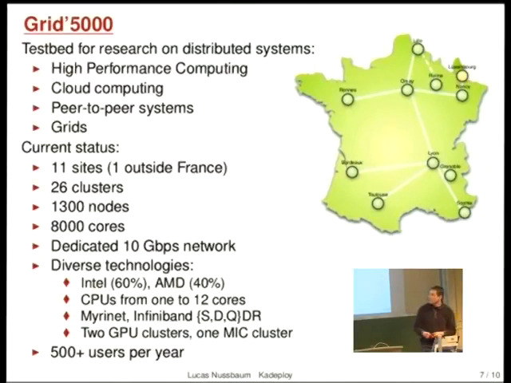We provide various technologies, of course, due to the several generations of clusters we bought over the years, like InfiniBand. We have 2 GPU clusters and 1 Xeon Phi cluster. There are about 500 different users using the testbed per year. So it really works.